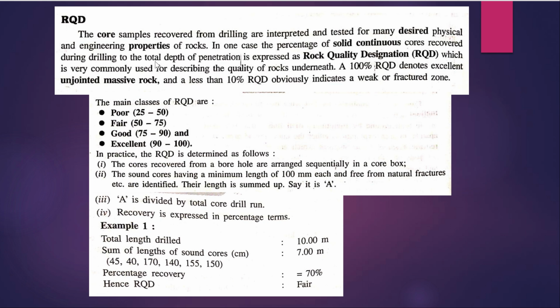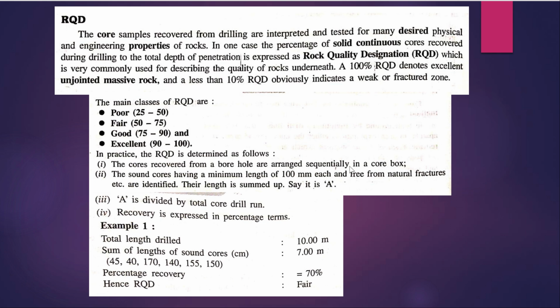So the main classes of RQD are poor, that is from 25 to 50 it is poor, fair if it is 50 to 75, good if it is 75 to 90, and excellent if it is 90 to 100. So in practice the RQD is determined as follows. The cores recovered from a borehole are arranged sequentially in a core box.